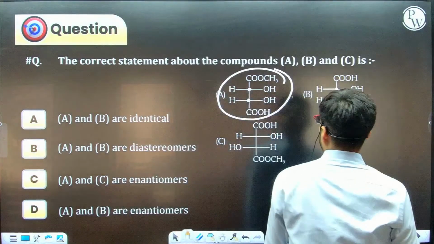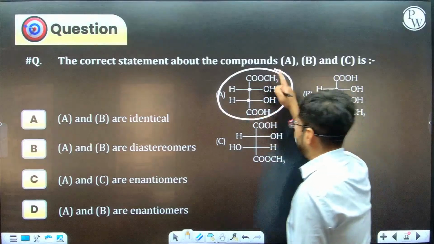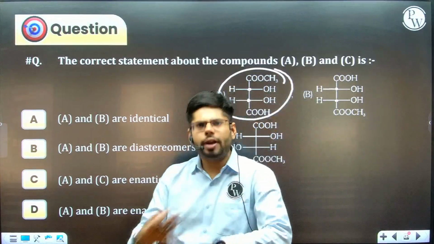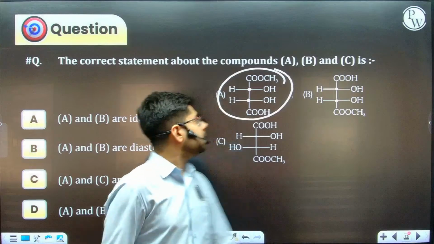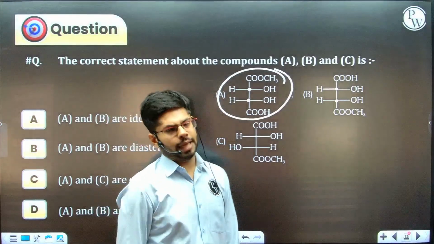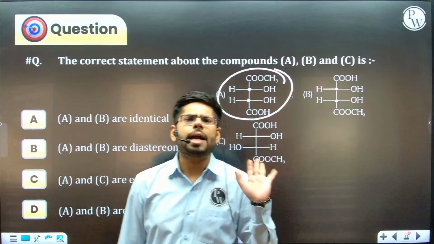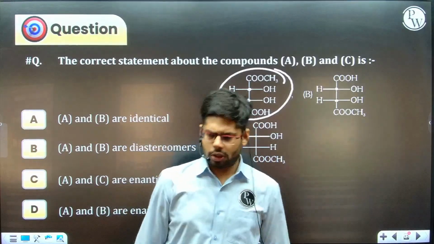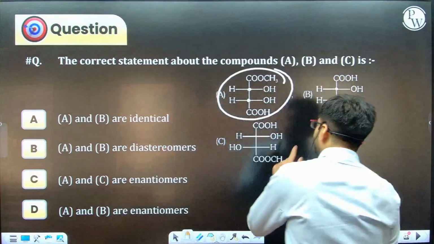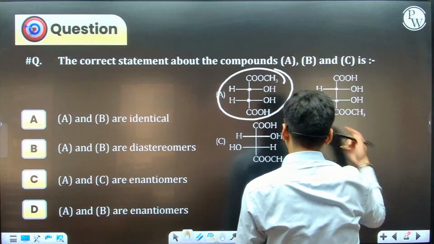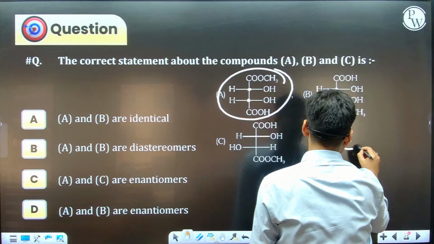So, I will redraw A in a way such that COOH is at the top and COOCH3 is at the bottom. After doing this, I can easily compare whether swaps have taken place or not. So if I convert this to a form where COOH is at the top, then what do I get? So I'll get this.